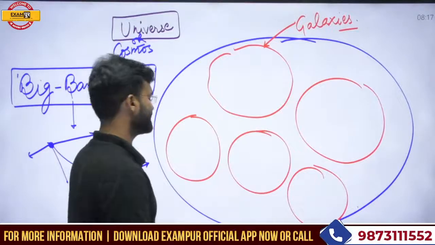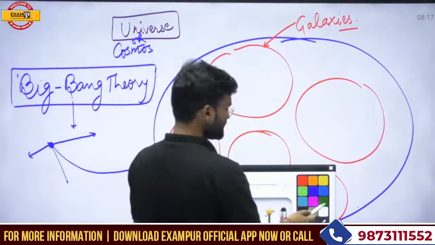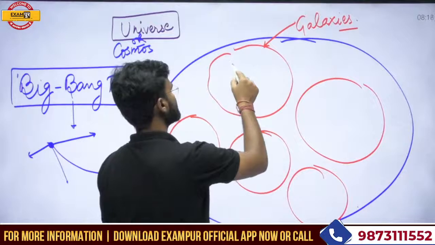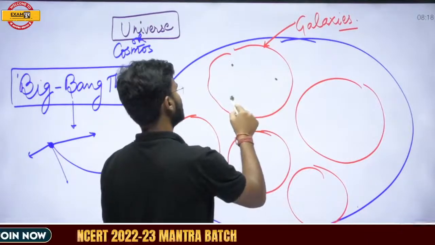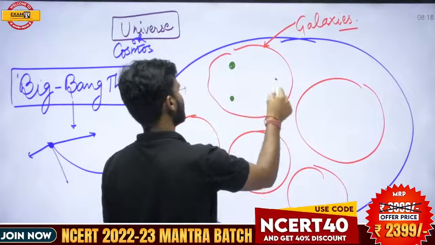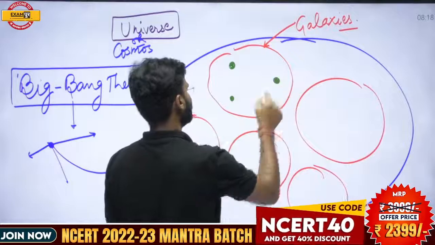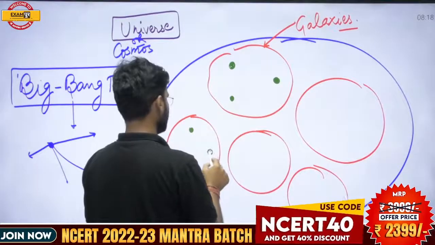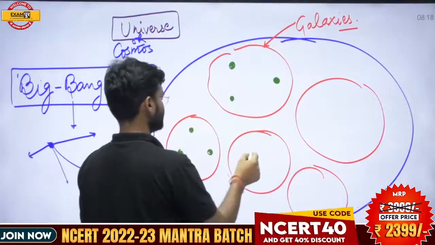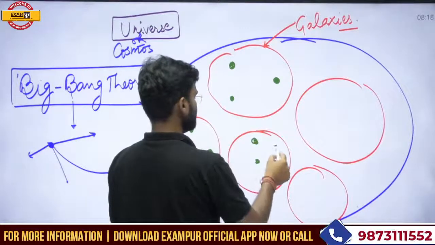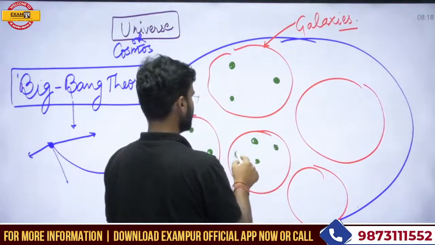So these are the galaxies. And in the galaxy there are many stars. In galaxies there are many stars. Suppose these are the stars that are found in galaxies.